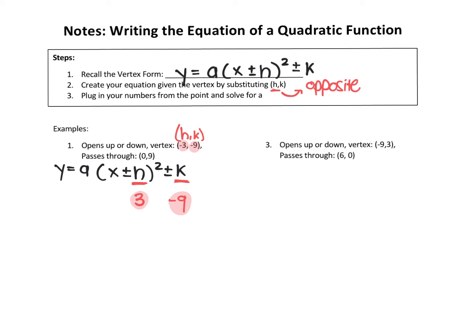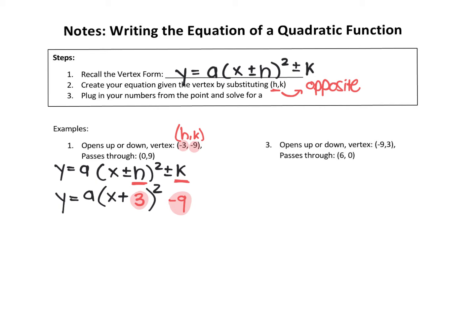So now that I replaced my h and my k, let me fill everything back in. I still have y equals, I still have a. That 3, instead of the -3, we changed to the opposite, so it became positive. I'm going to square that, and then the k was -9, so that -9 is still there. Okay?